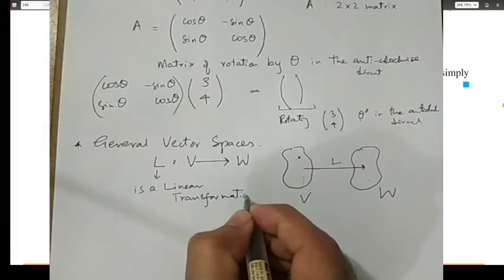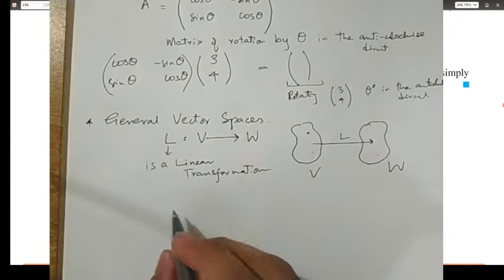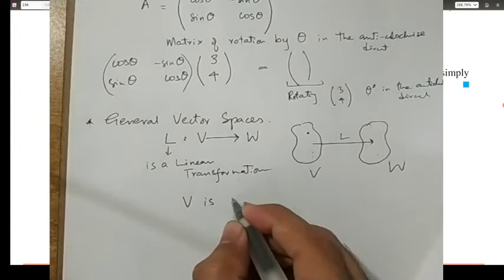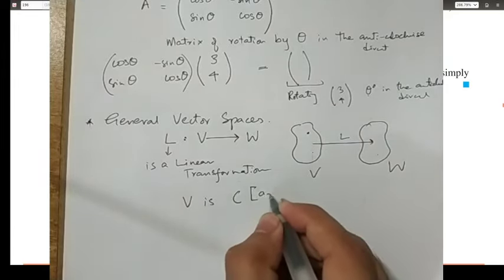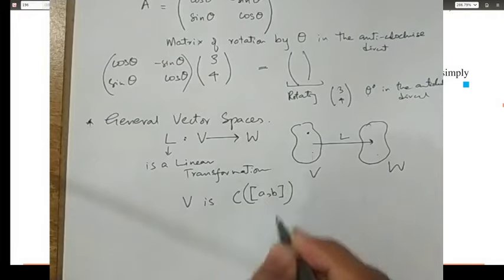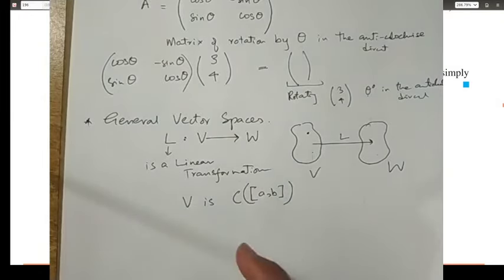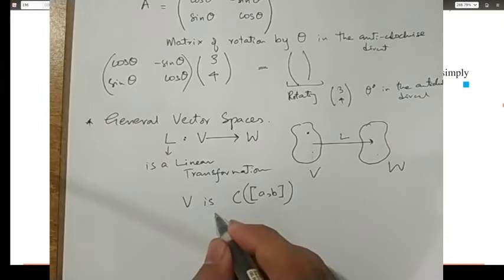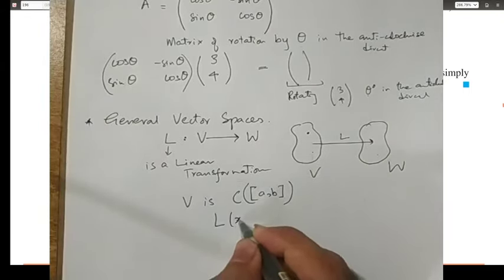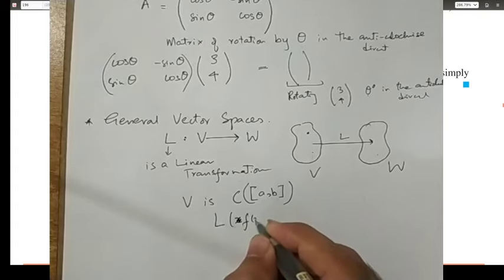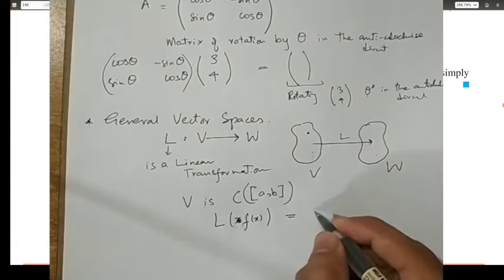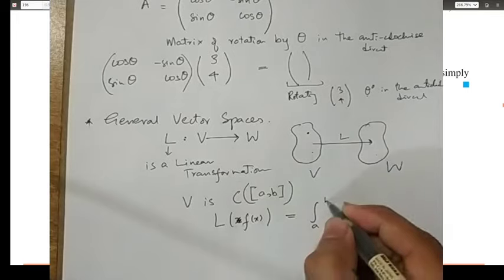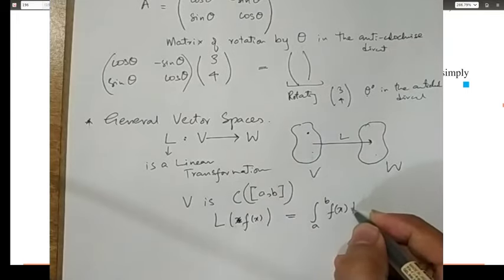For example, a general vector space could be as follows. Let's suppose V is C[a, b], that is, continuous functions defined on the interval [a, b], and let's suppose L is the transformation L of f of x, which simply is the definite integral from a to b of f of x dx.